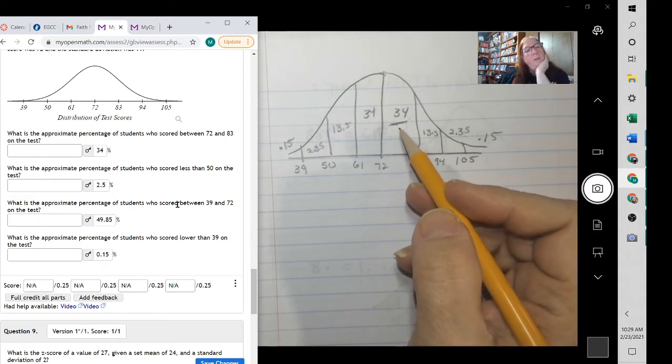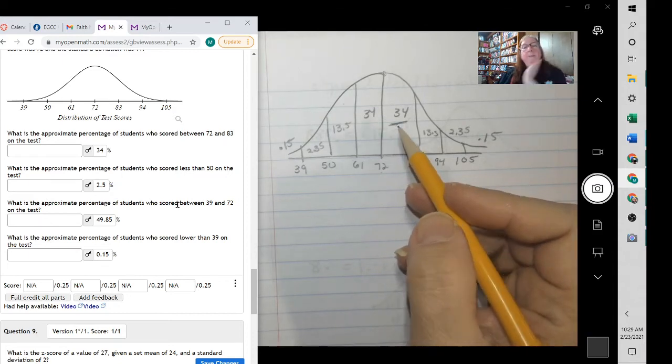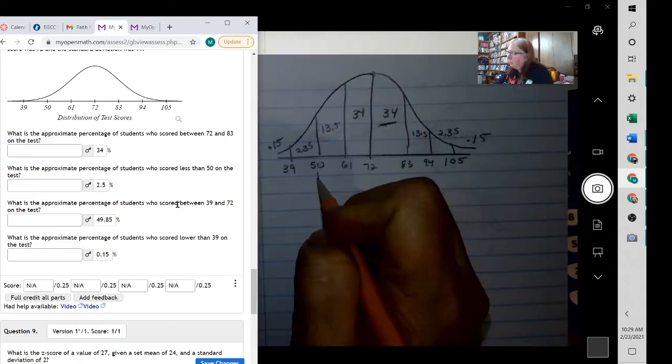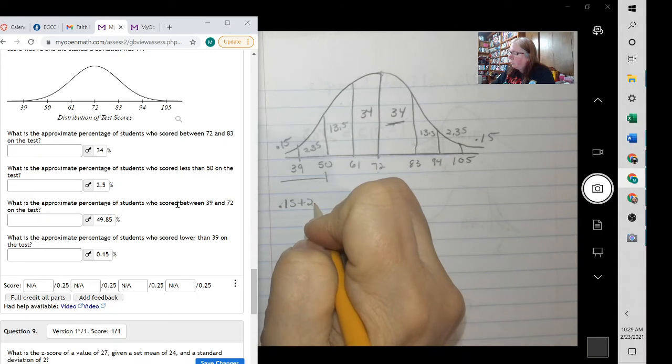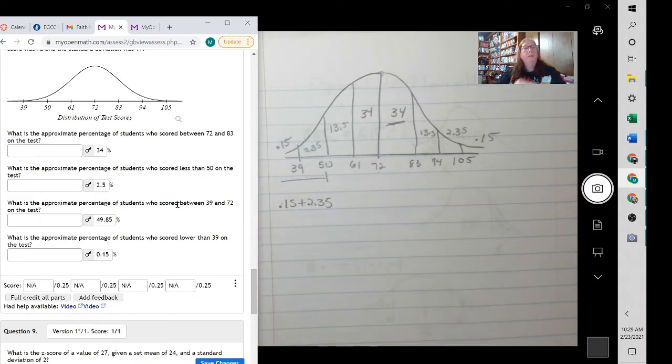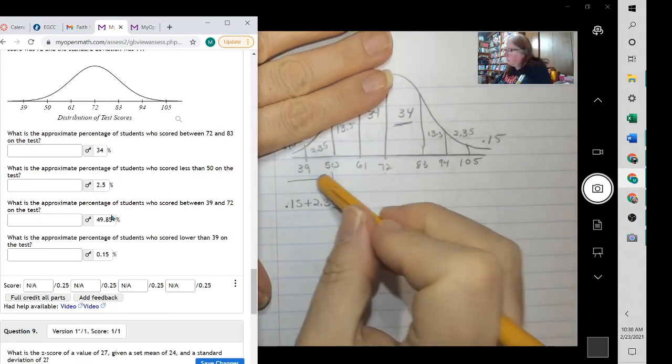What is the approximate percent of students who scored less than 50? Less than 50 is from here over, 0.15 plus 2.35, which is 2.5. What is the approximate percent of students who scored between 39 and 72?